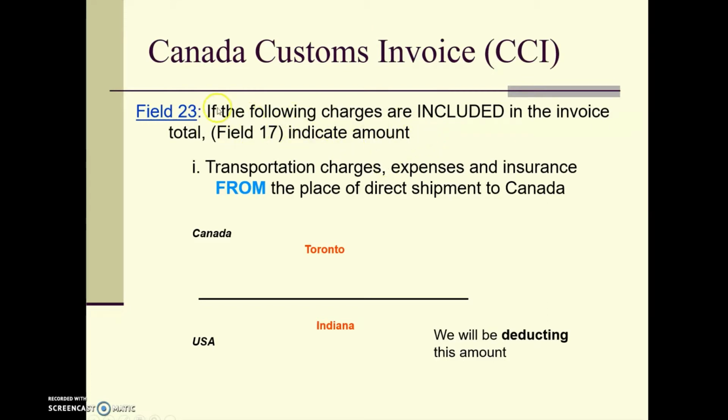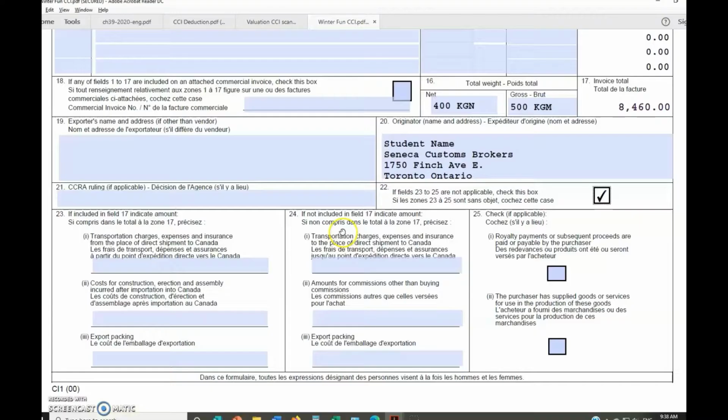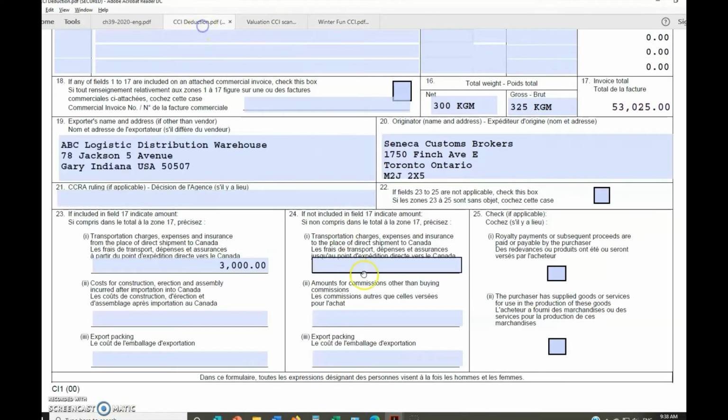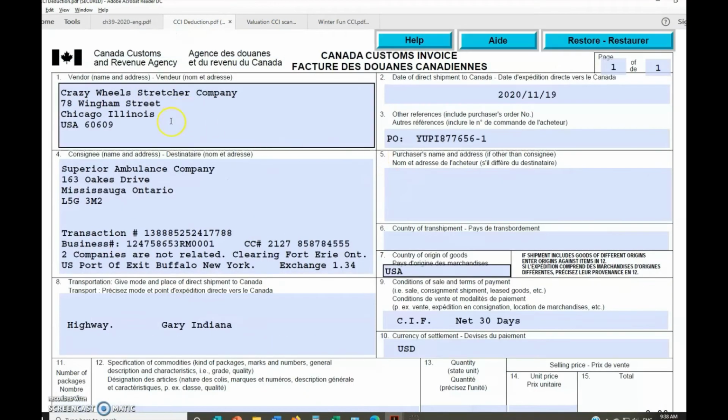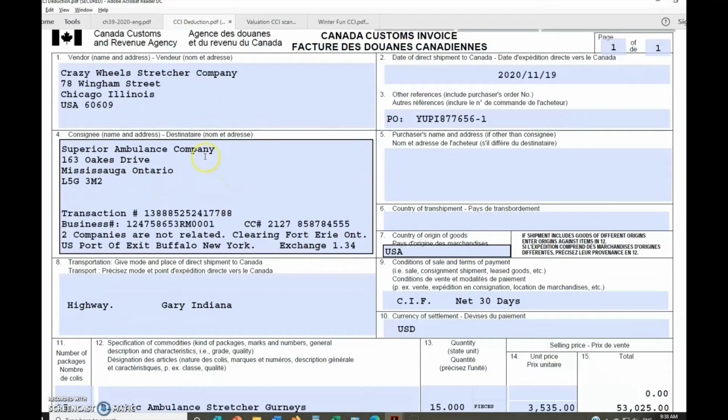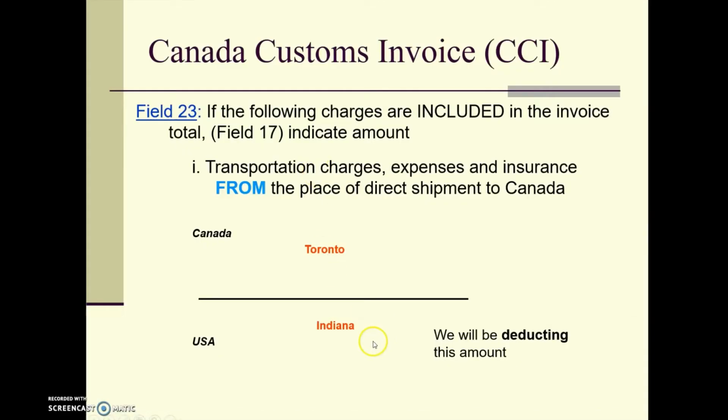Now, field 23I, if the following charges are included in the invoice, indicate transportation charges, expenses, and insurance from the place of direct shipment to Canada. So let's say we have a shipment from Indiana to Toronto, which is actually our example. Shipments from Indiana coming to Mississauga. And we have international freight.